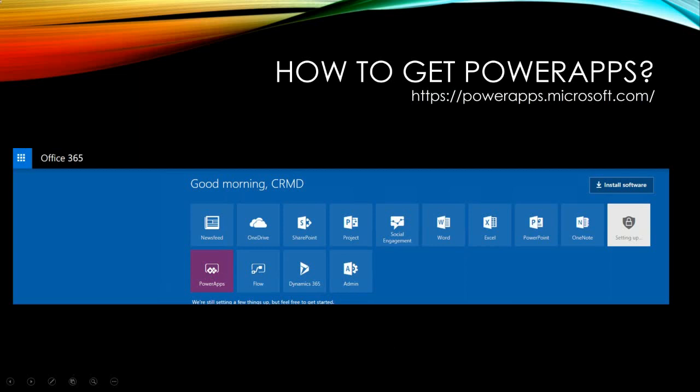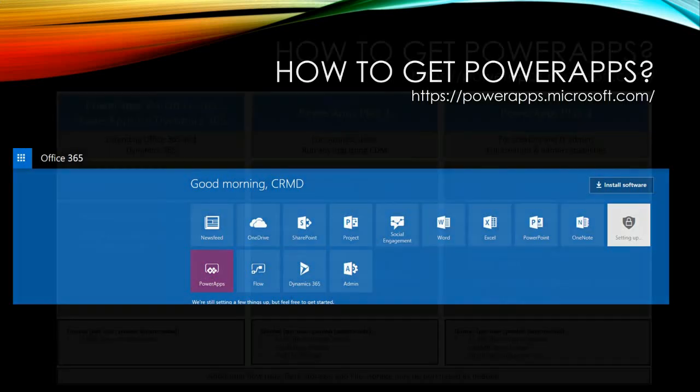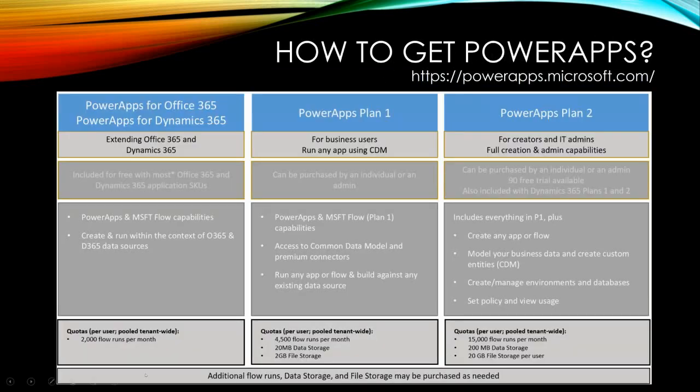But if you want a little more functionality than that, the free version, of course, is limited to the number of flows you can use per month and the data storage that you can use. You could go for Plan 1, which gives you about 4,500 flows every month and 20 MB of data storage, which is great for individuals.